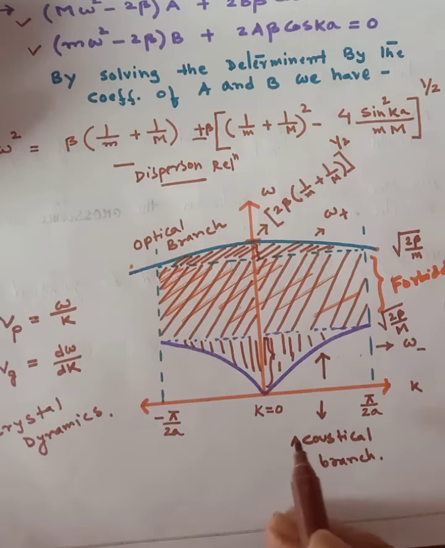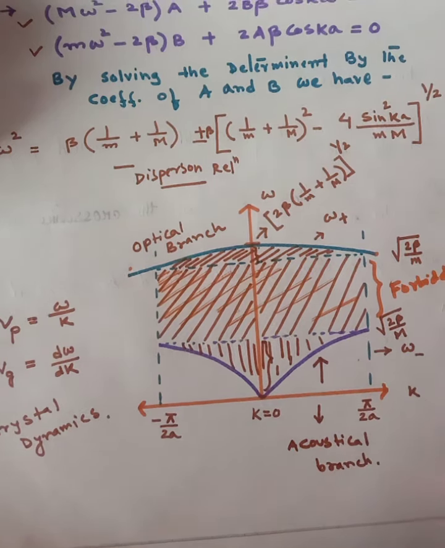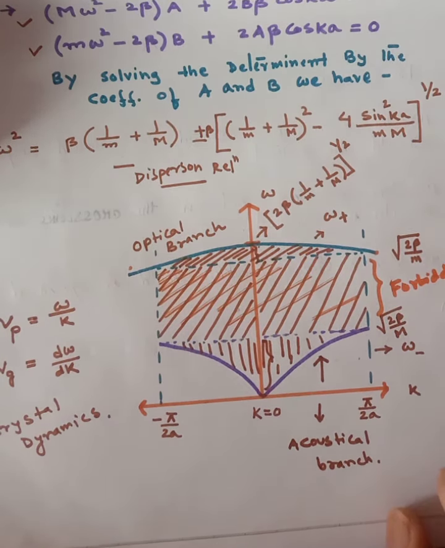This range is called the first Brillouin zone. Similarly, if we go from minus pi by a to plus pi by a, we get the second Brillouin zone. So this is all about the dispersion relation for the diatomic lattice. Thank you.